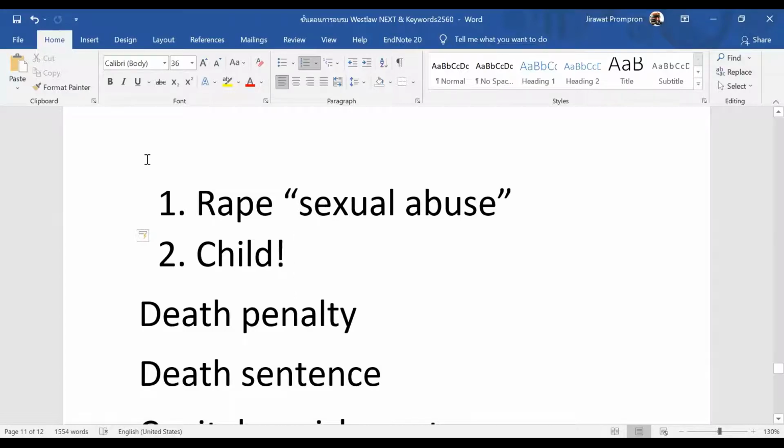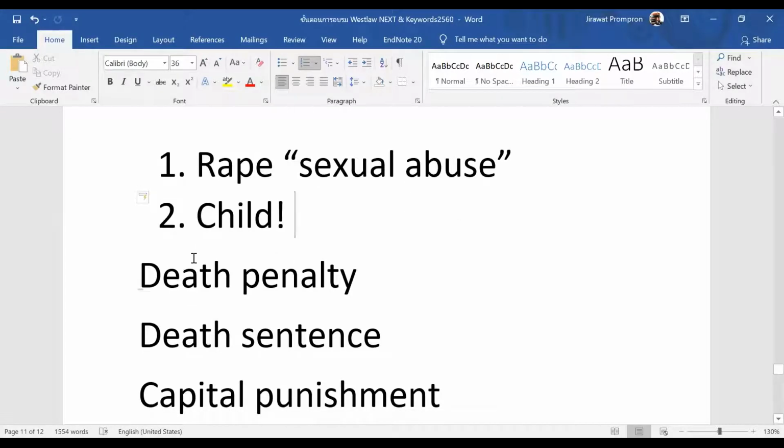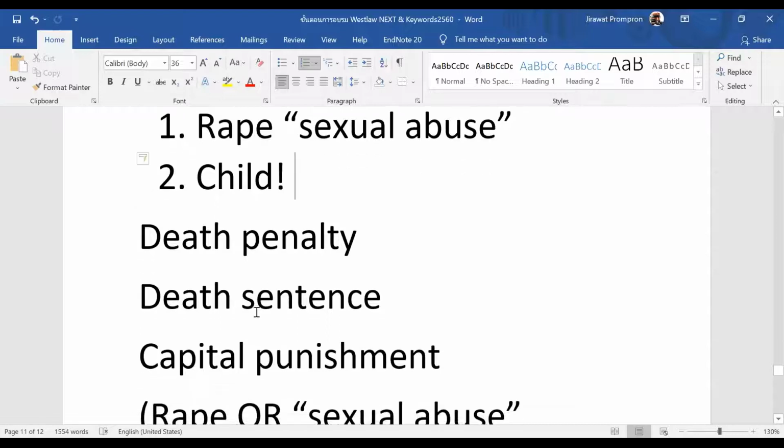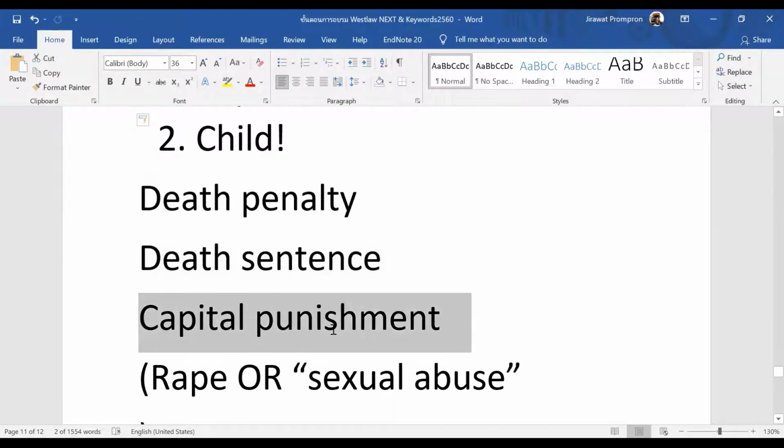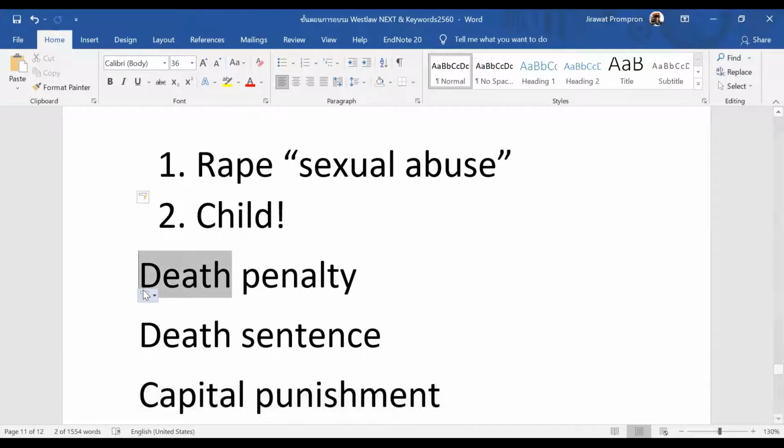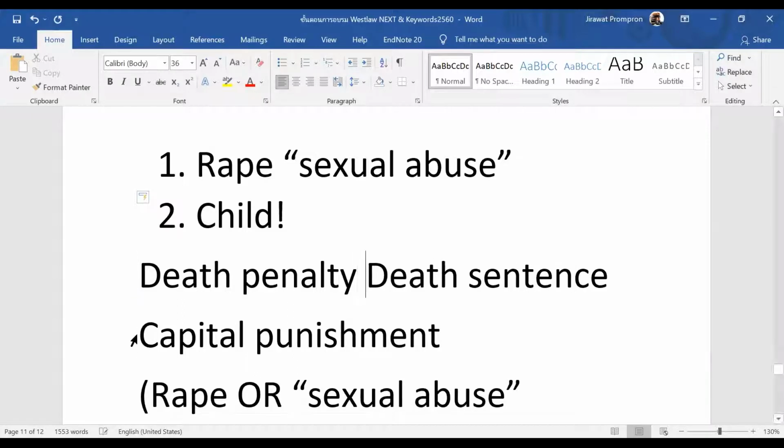The concept death penalty has a lot of terms: death penalty, death sentence, capital punishment. It's the same meaning. So you have another concept containing more than one word.